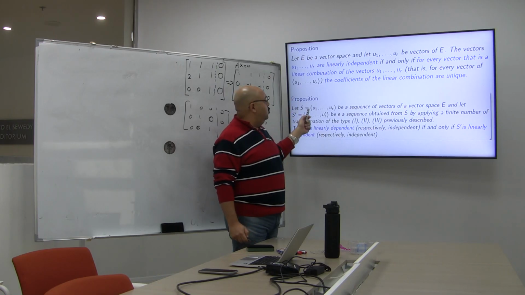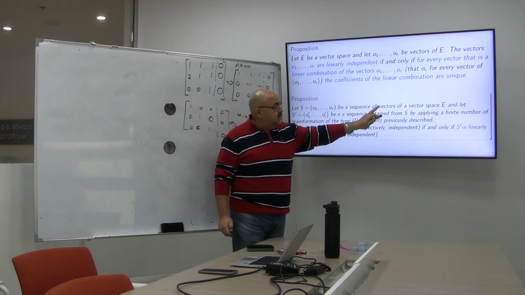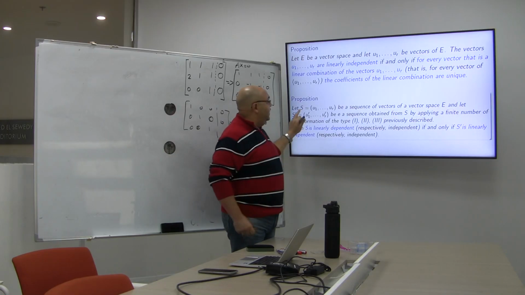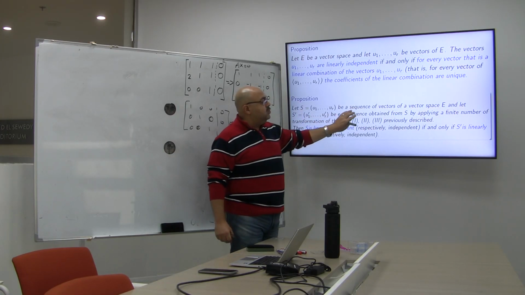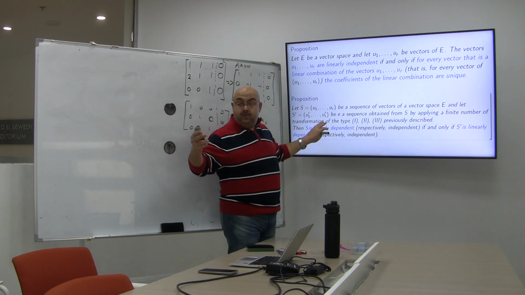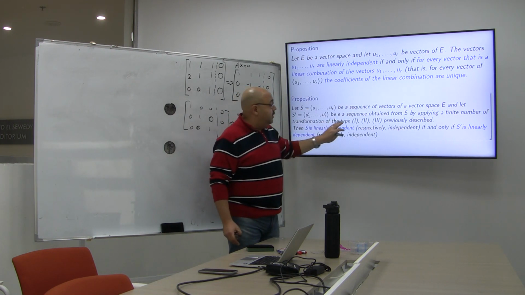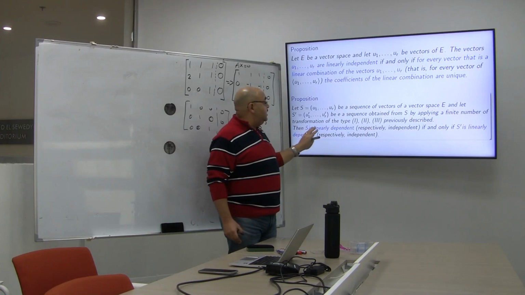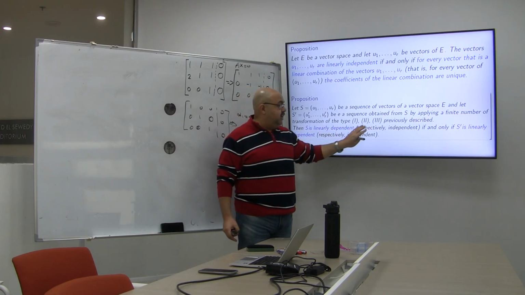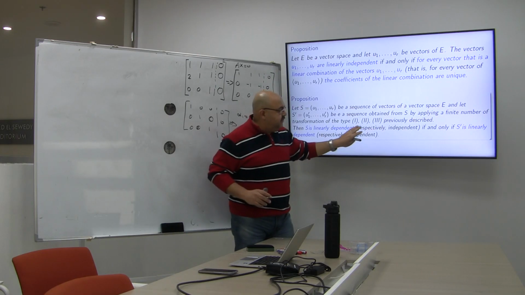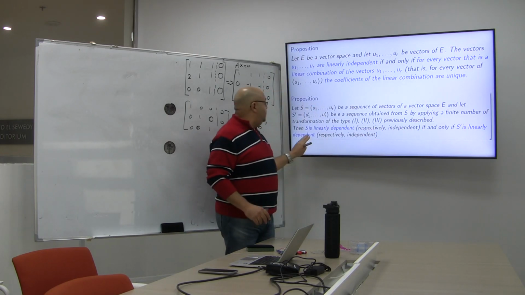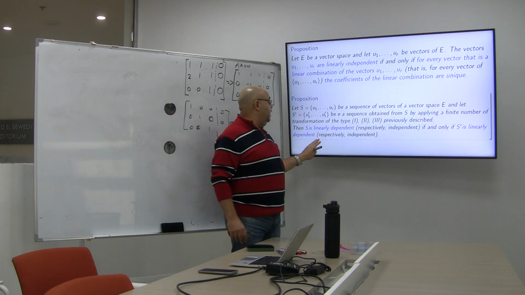Proposition. Let S be a sequence U1 up to Ur of vectors of a vector space, and S dash a sequence obtained from the row operations previously described. Then S is linearly dependent, respectively independent, if and only if S dash is dependent.